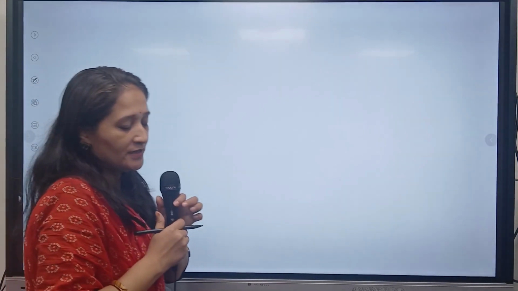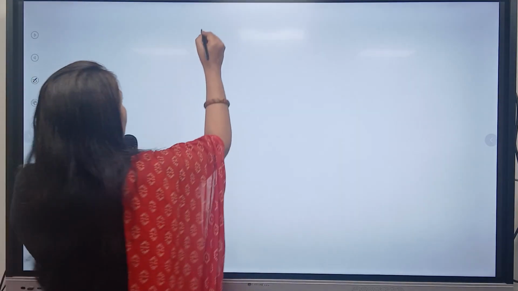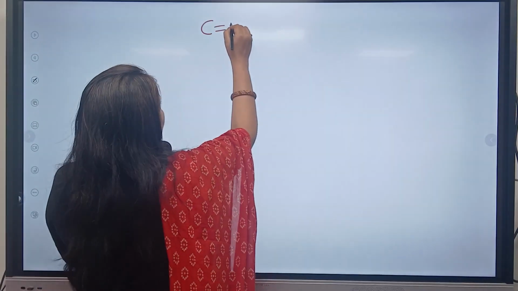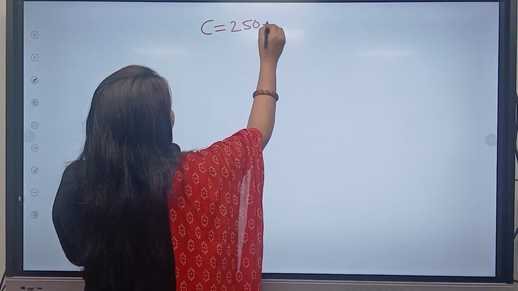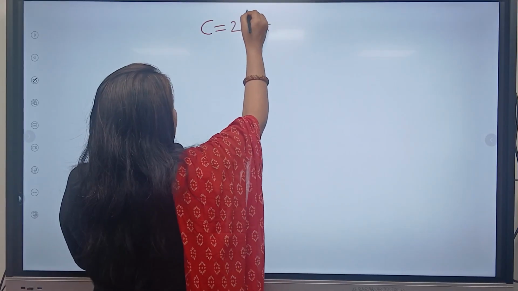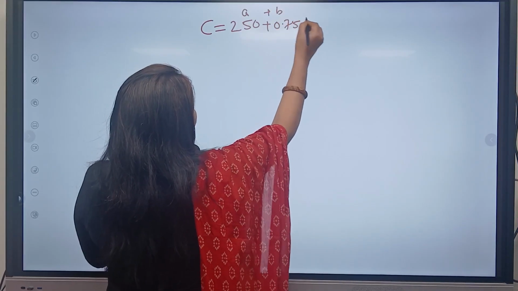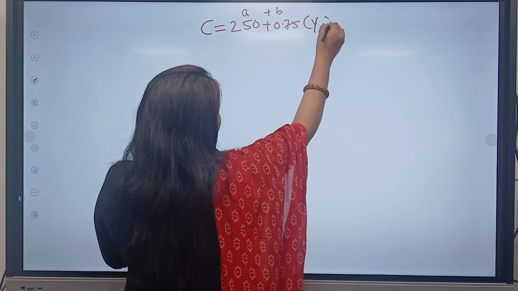Let's do it. With the value of income 1,320, the question asked is, if the income of the country is 1,320, what will be the equilibrium level of consumption? Because we have not been given the value of consumption in our case study. They have just given us the consumption function equal to 250 plus 0.75 of YD, that is A plus B of YD.